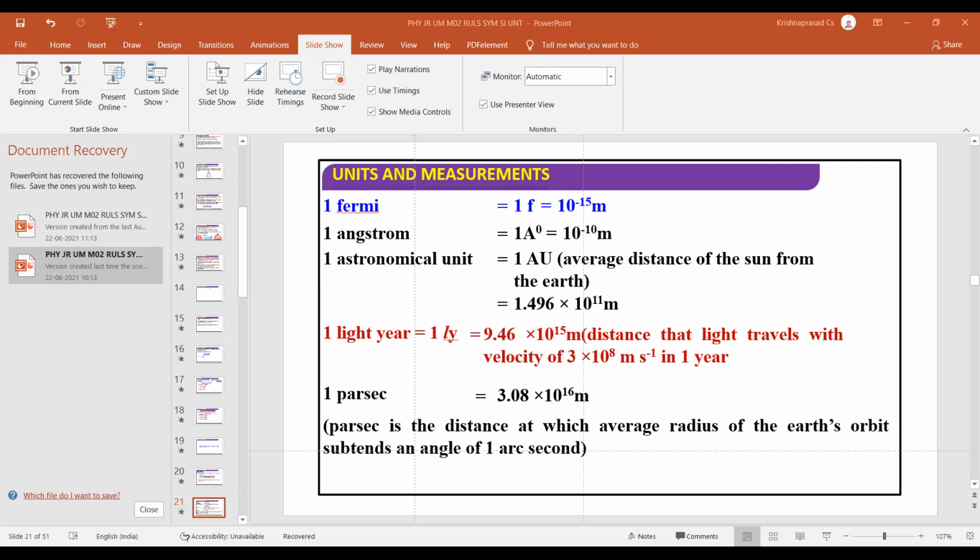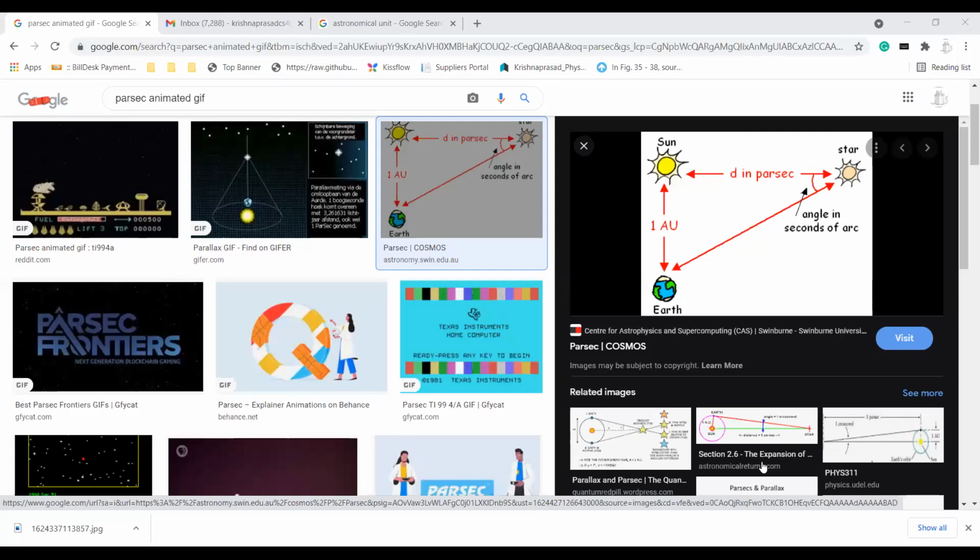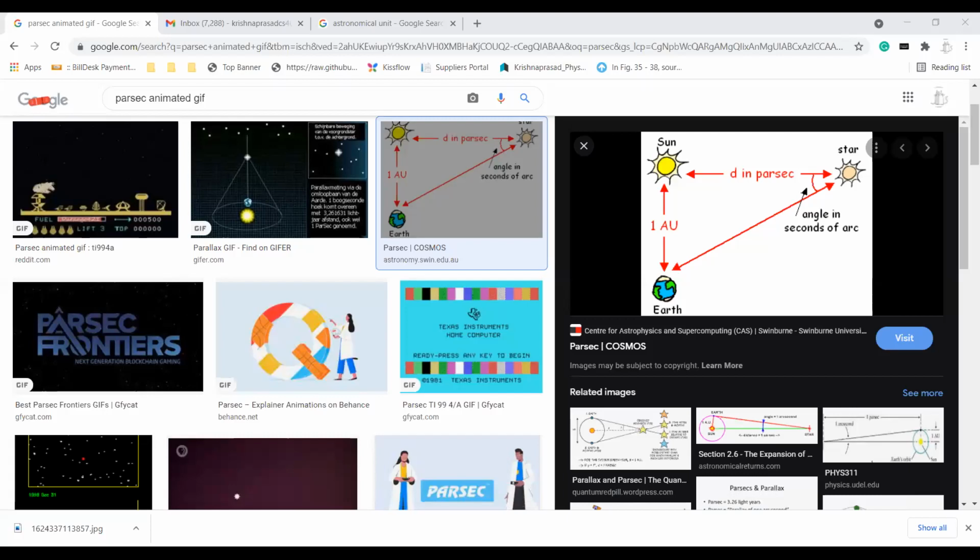Okay. And in the end, I'll ask you one question after showing this. You have to find it out. So that whole slide we need to copy, sir. The whole slide you were supposed to copy up to parsec, the definition of parsec also. No, don't worry, we will show that again. So you can copy.